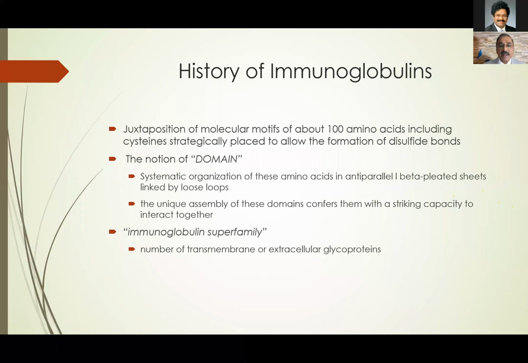This systematic organization of the amino acids, anti-parallel beta-pleated sheets, is highly specified and arranged into loops which are very specific to each antigen. So we still do not understand how only 100 amino acids can produce millions of motifs specific to various antigens.